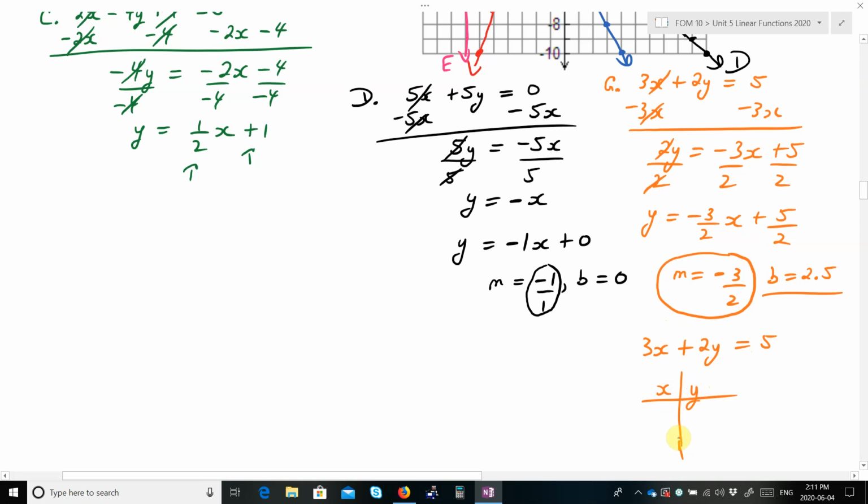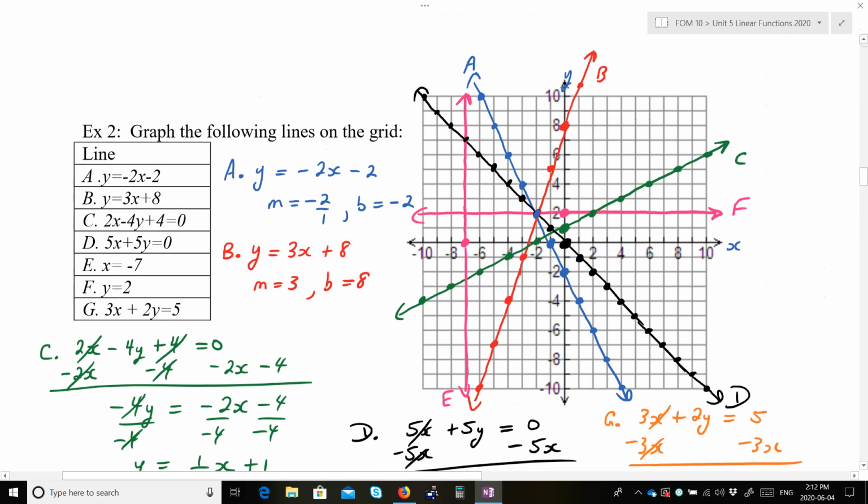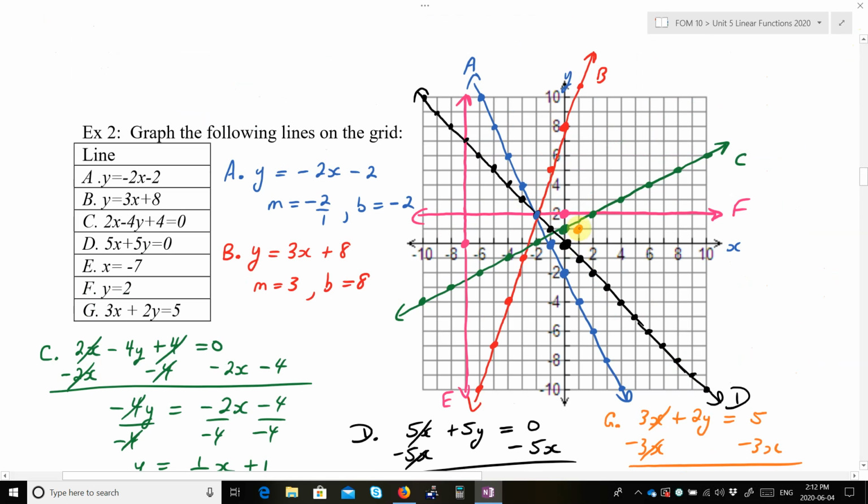See if you can find an xy pair that works, that's whole numbers, and it would be a nicer point to use. Like, for example, if I were to put 1 in for x and 1 in for y, that would work, right? Because 3 times 1 plus 2 times 1 does equal 5. So that would just be 3 plus 2. So we'll use the point 1, 1 instead, which is right over here.